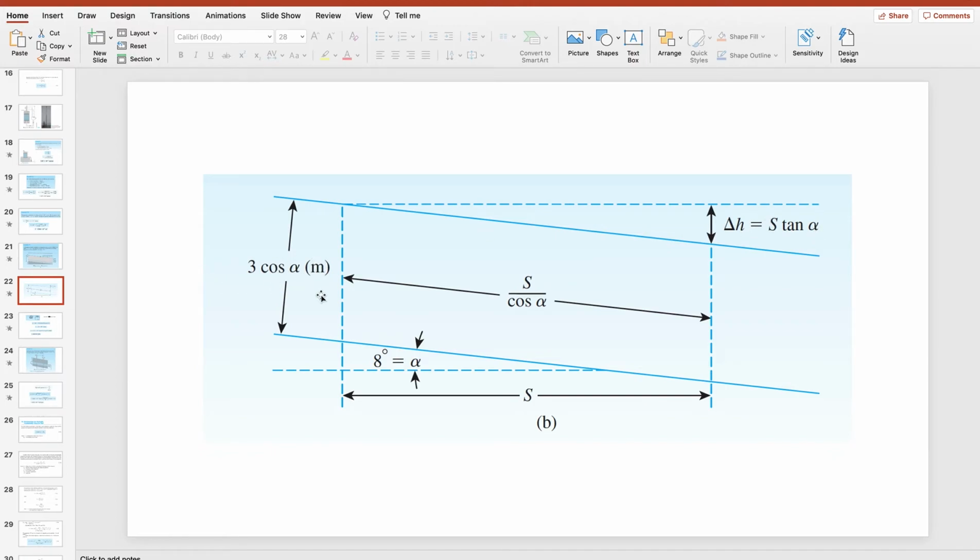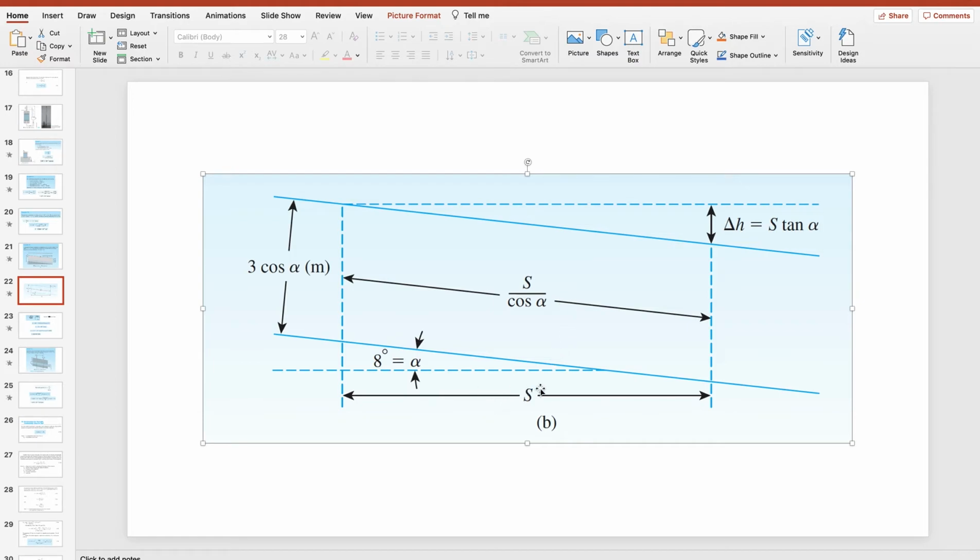Cosine alpha is equivalent to adjacent over hypotenuse. This is a simple trigonometric function.